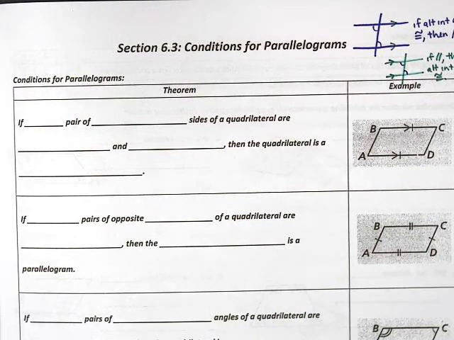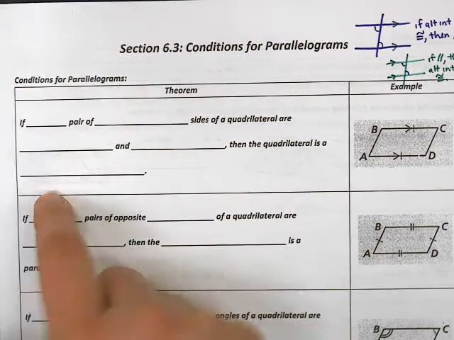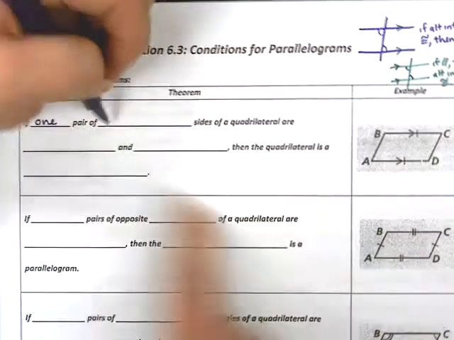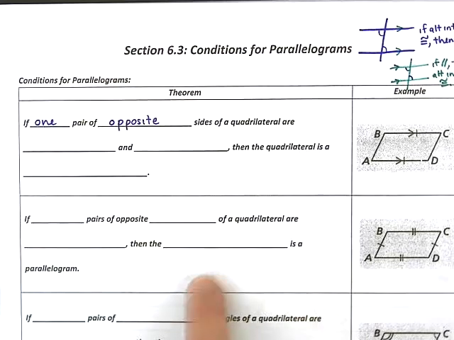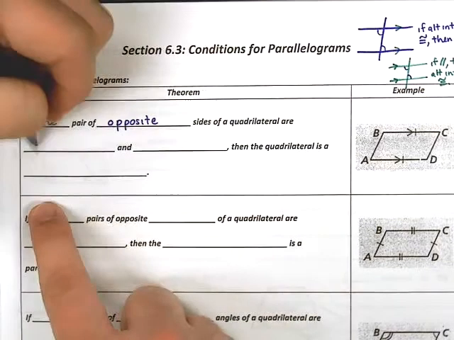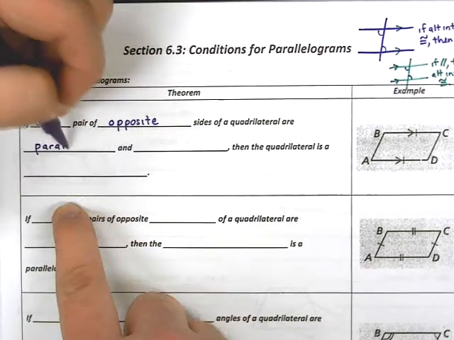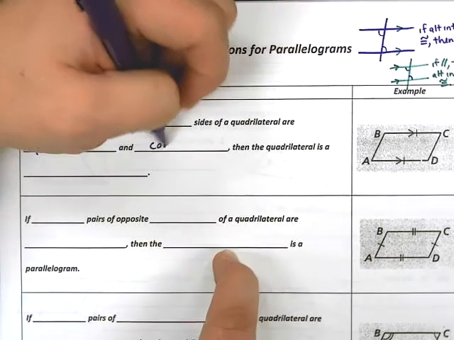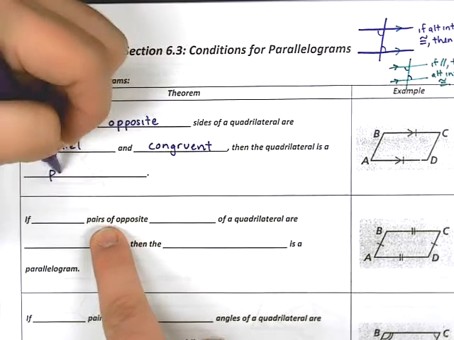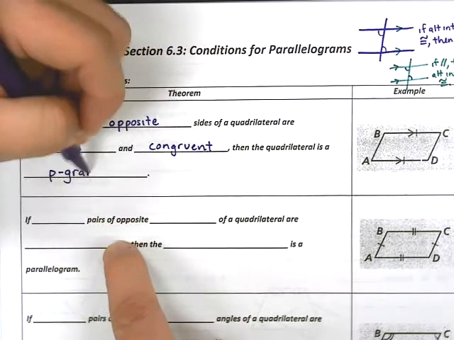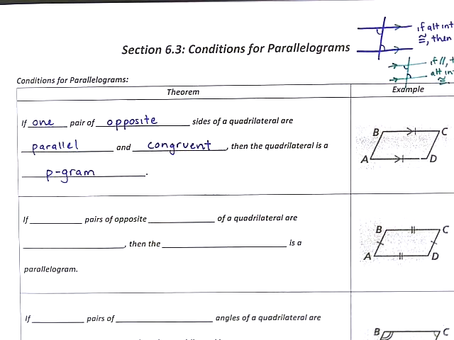We didn't really talk about this one, but we know that if one pair of opposite sides of a quadrilateral are parallel and congruent, then the quadrilateral is a parallelogram. Alright, so this is what the picture looks like here.